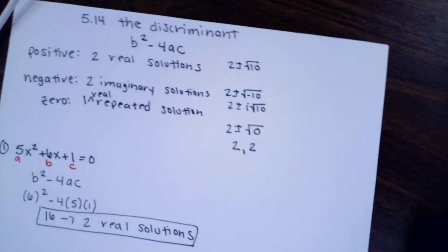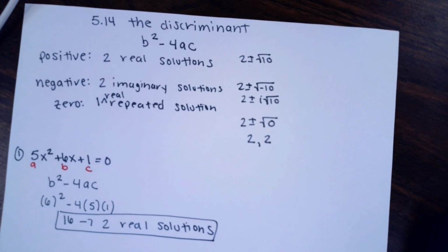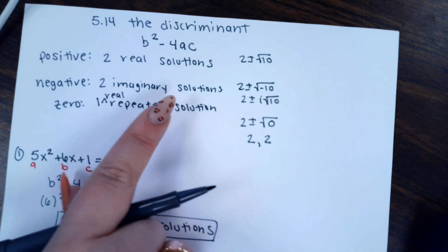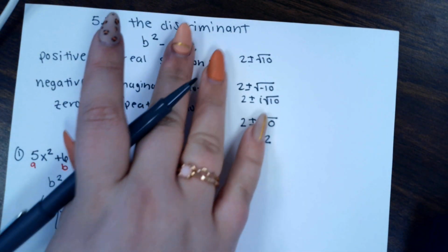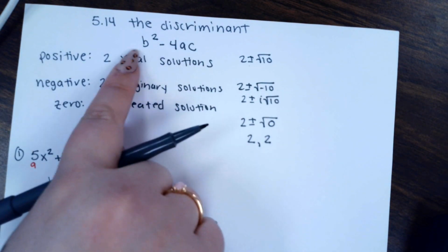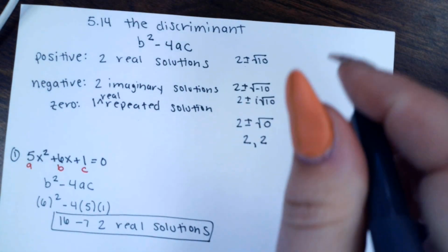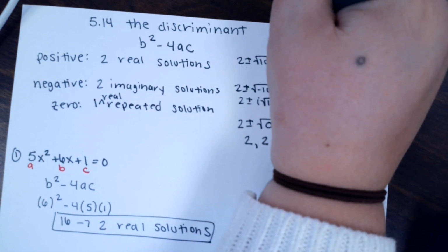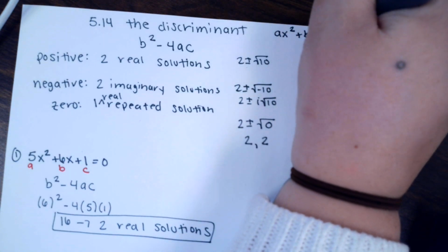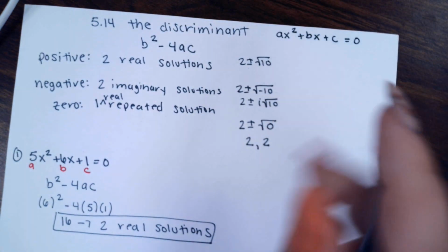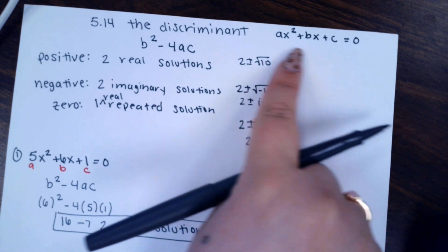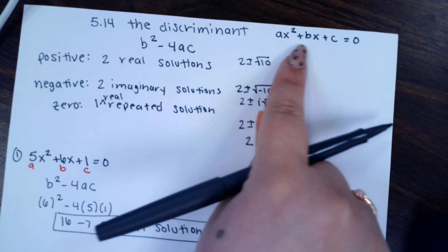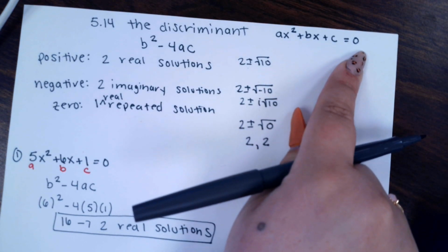One thing that I forgot to say up here, every time we use the quadratic formula, whether it's solving using the quadratic formula or just using the discriminant, our quadratic has to be in the form ax squared plus bx plus c equals 0. So to use any part of the quadratic formula, we have to have everything on one side and our equation equals 0.